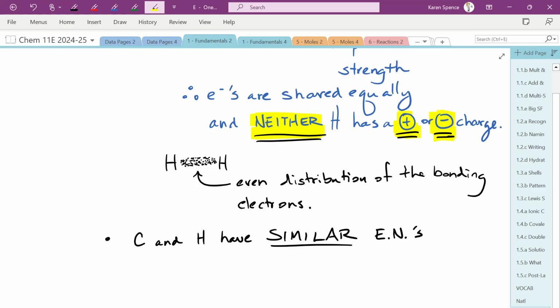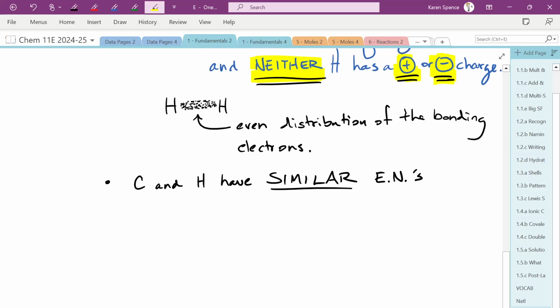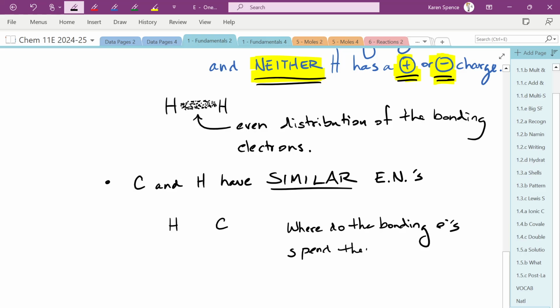Carbon and hydrogen have similar electronegativities. So what would their electron distribution look like? So you can give that a little drawing.